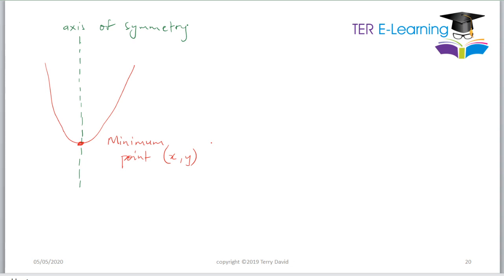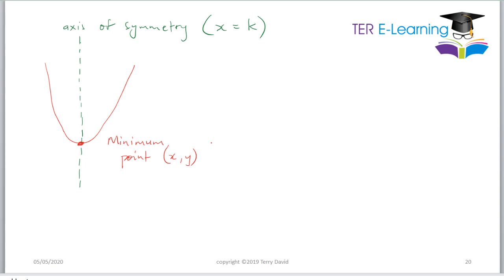So we have something called a minimum point and we have something called an axis of symmetry. In the exam, they can ask you what your axis of symmetry is. Your axis of symmetry is always written as an equation. We say that the axis of symmetry is x equal to some number, which we could call k or c.